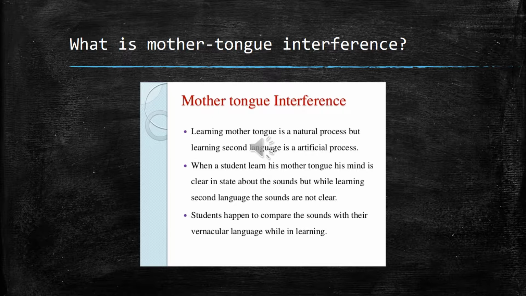This is true because most people think in their first language and then speak English in direct translation, and that is often a problem. So mother tongue interference is when some words cannot be pronounced correctly in the second language as a result of sounds in the first language that interfere.